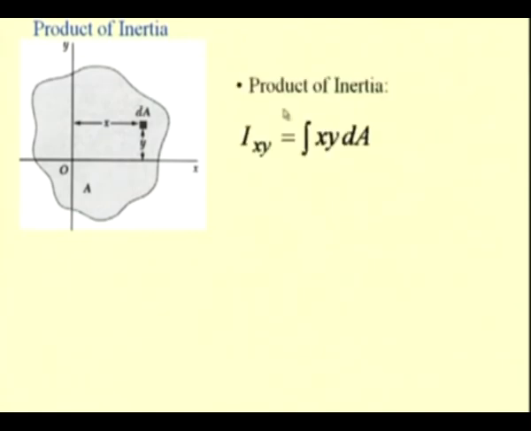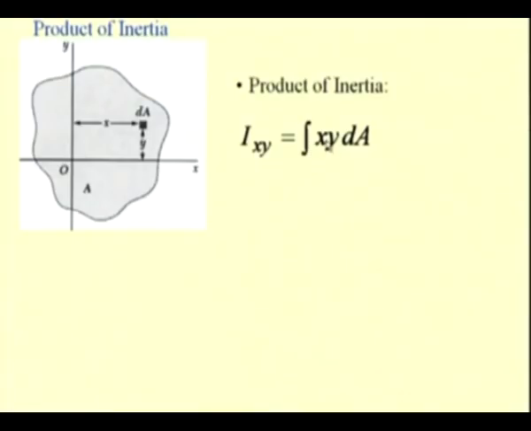So if we integrate this quantity, that is xy dA, for this domain, we get the product of inertia of the complete area, that is Ixy. So Ixy is determined as integration of xy dA.